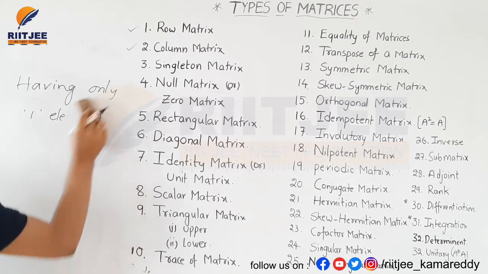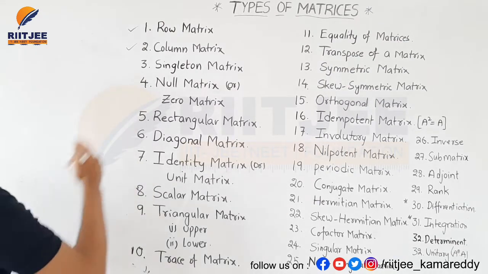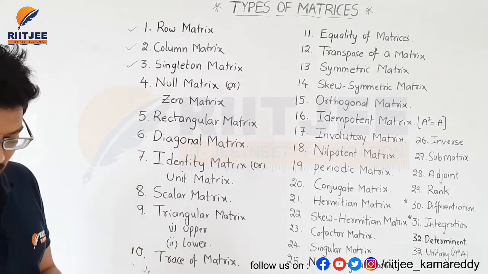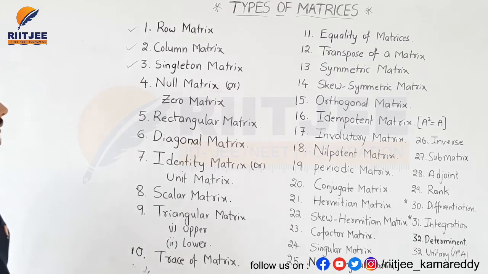Now the next type of matrix is the null matrix. What is meant by a null matrix here?